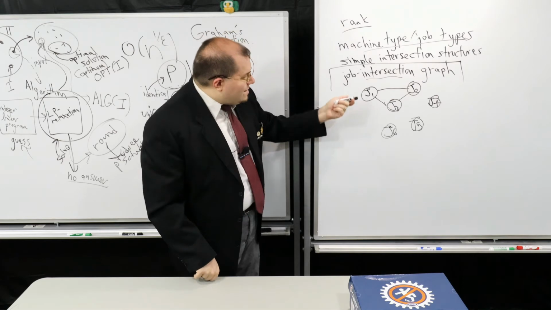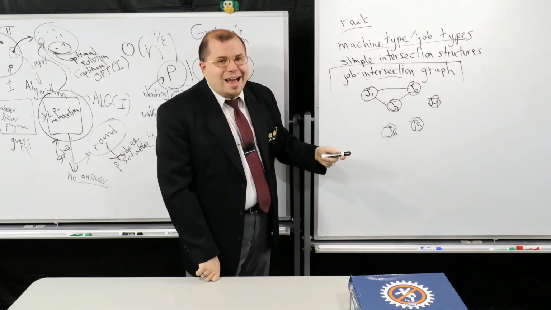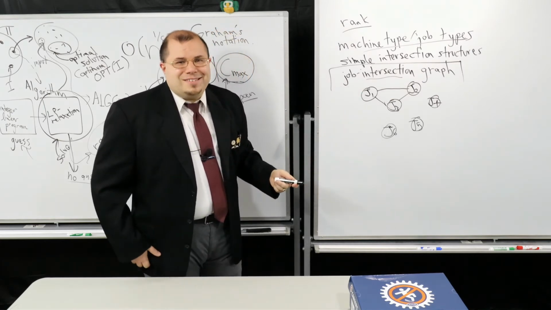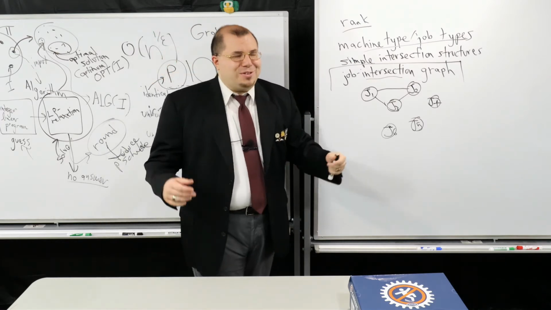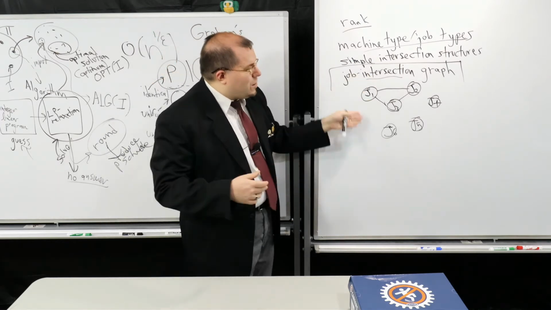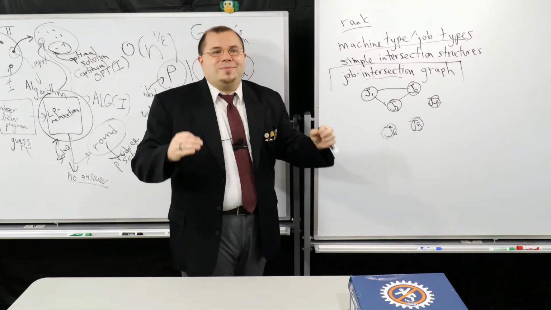In fact, it's very easy to detect if a graph like this has triangles in it. So you could almost see this as a little bootstrap method. What you would do is build one of these graphs from your instance and test if the graph is triangle free.